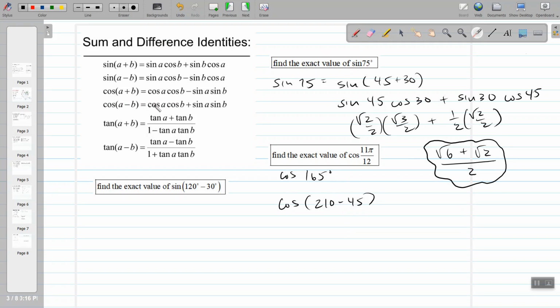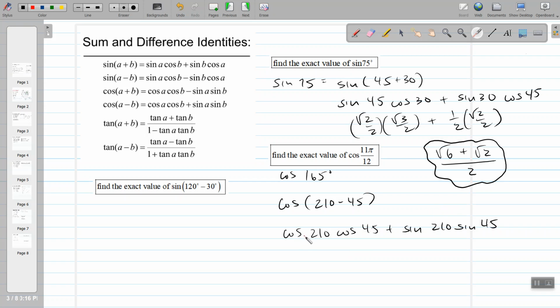So when I use this formula over here, it will be cosine of 210 cosine of 45 plus sine of 210 sine of 45. Once again, I evaluate these individually, and then I just squish them together.